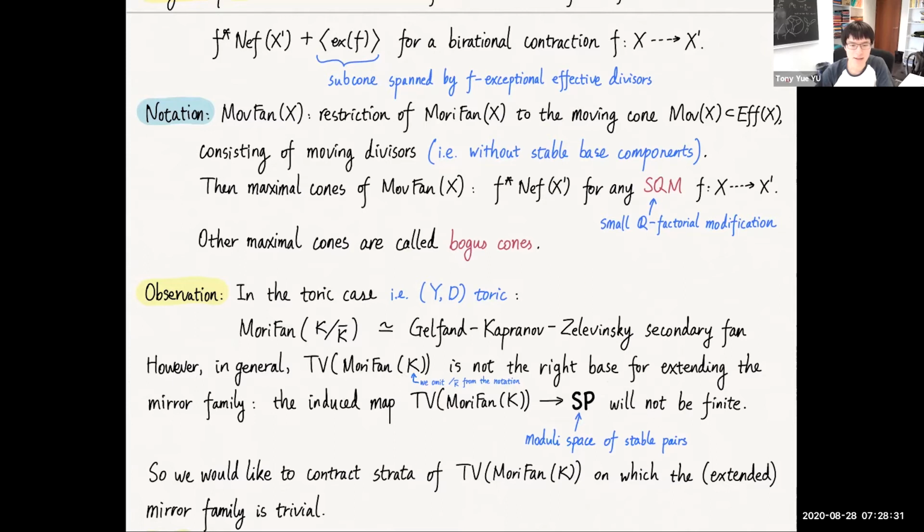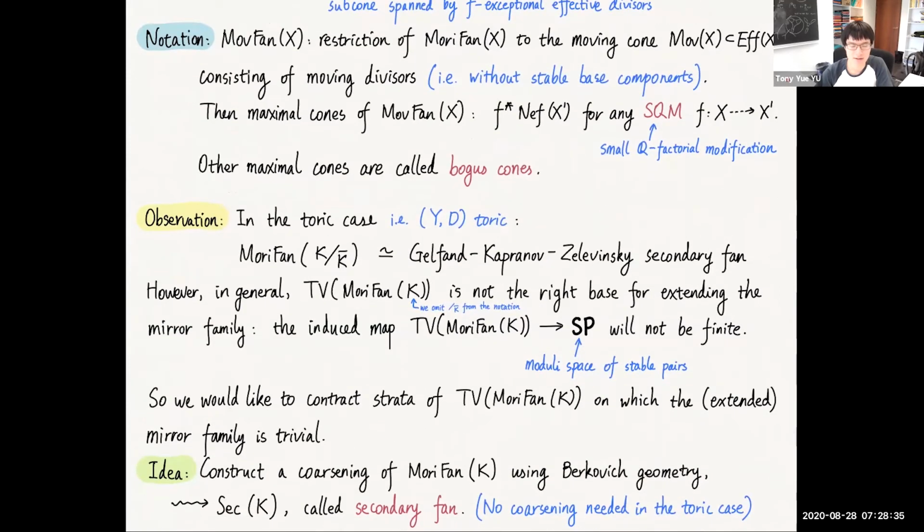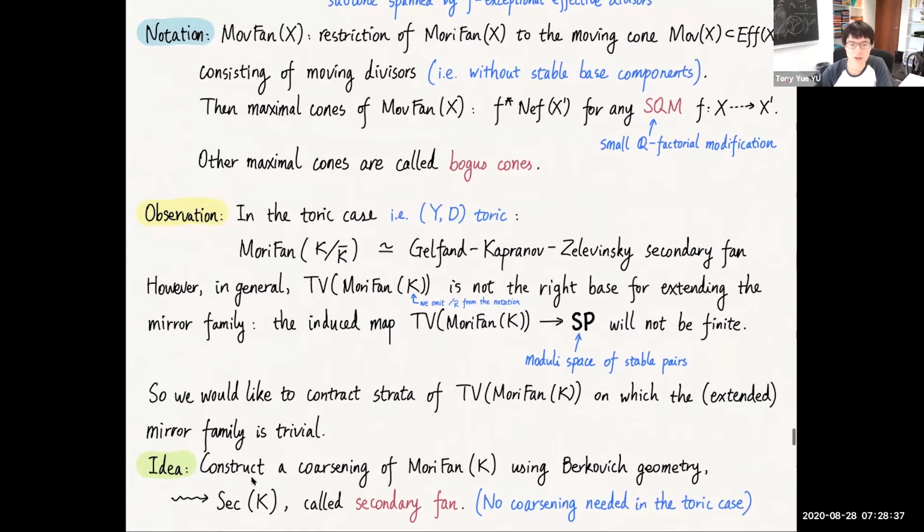And our idea is to construct a coarsening of the Mori fan using Berkovich geometry. We denote the coarsening by sec K. We call it the secondary fan.